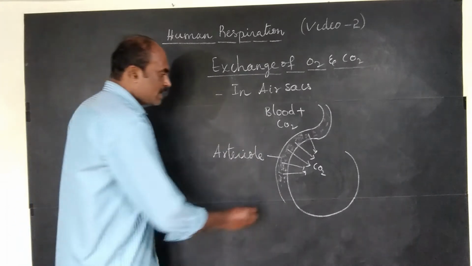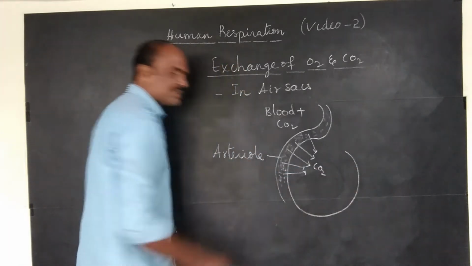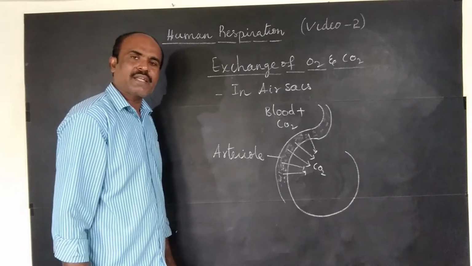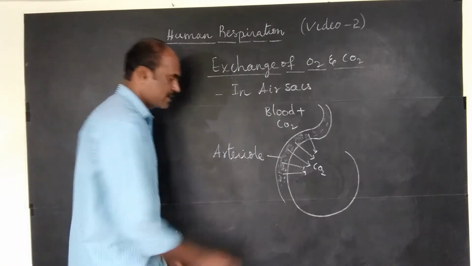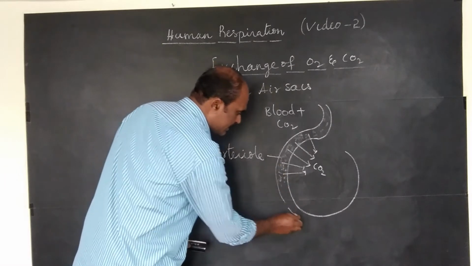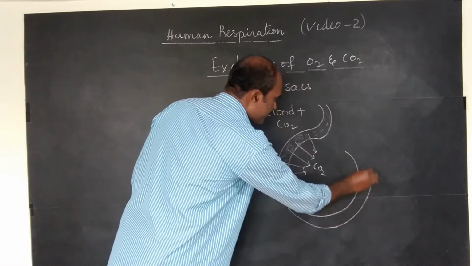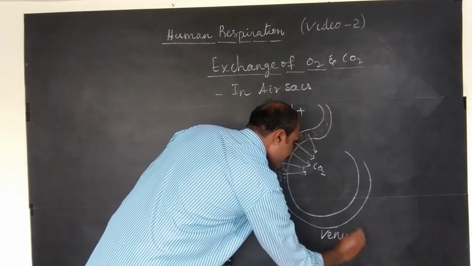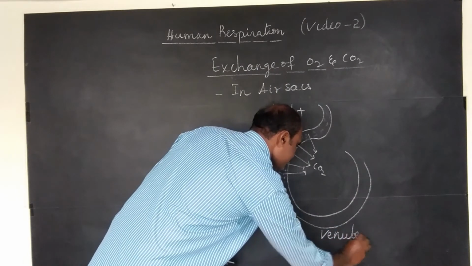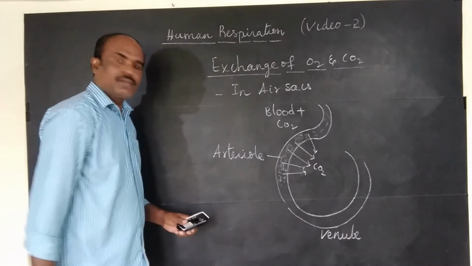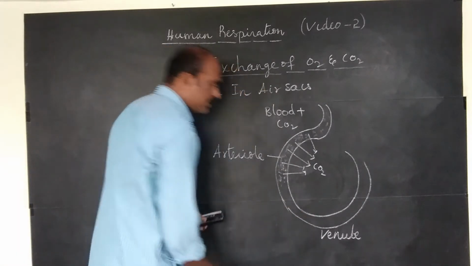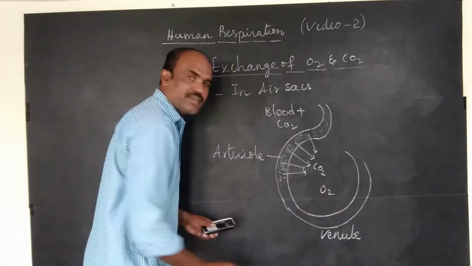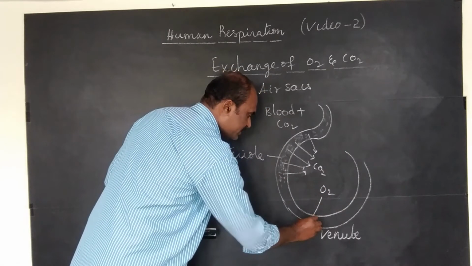Now the same air sac is supplied with venules. Arterioles and venules are interconnected. So this is arteriole and this is venule. Into this venule, oxygen from the cavity of air sac diffuses.